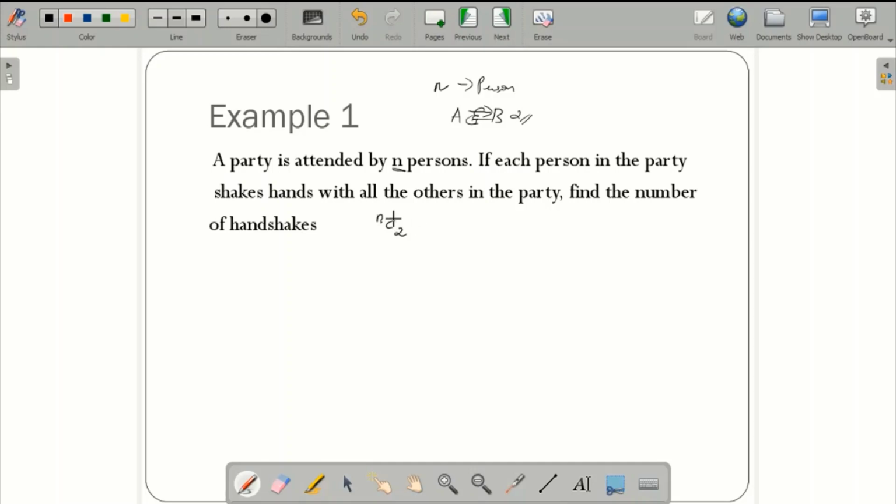So here the solution is: each handshake is determined by exactly two persons.